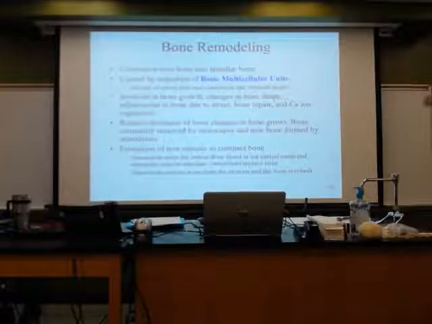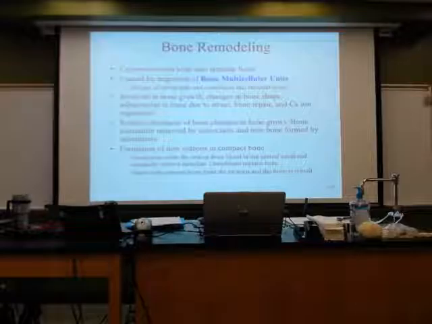Now, once we begin to have the fully formed adult bone, everything is done, we're at full growth, the body is now going to spend its time building, remodeling, storing, pulling out, fixing, whatever it needs to do to the bone.